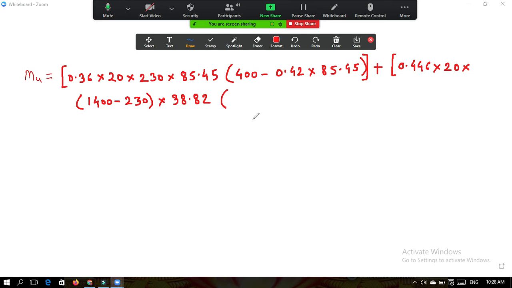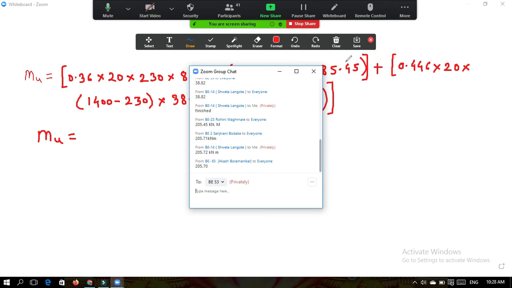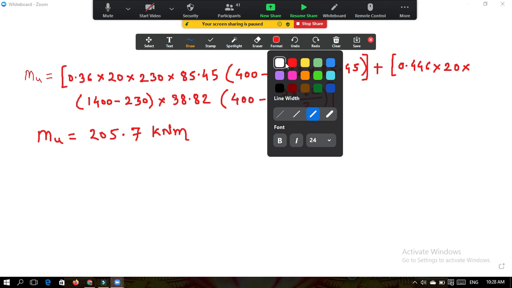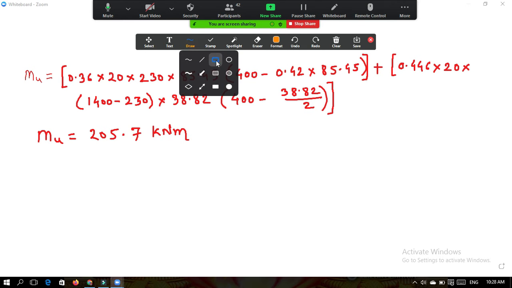So the lever arm is D minus YF by 2. So D is 400 minus YF, 38.82 divided by 2. If you solve this bracket, you will get the value of Mu: 205.7. Okay, so I will write the value over here: 205.7 kilonewton meter. Okay, so this is the value.